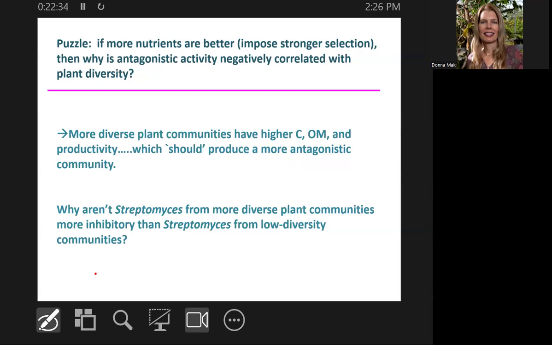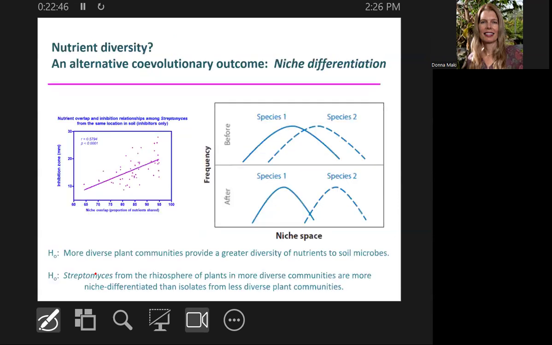The bacteria should be able to inhibit. So why aren't they doing that? This data initially was a little surprising, but when you start thinking about niche overlap, it starts to make more sense. And the idea of niche differentiation is playing with that idea in order to force the microbe to do what you want it to do.